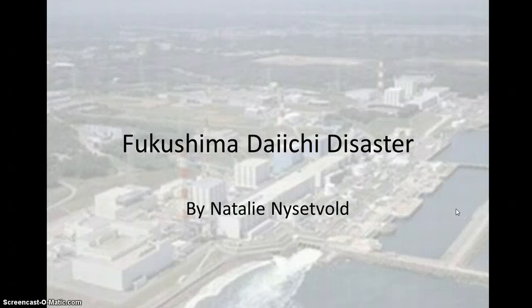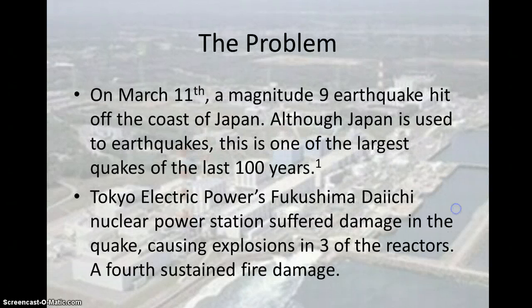So, for example, today's lesson is about the Fukushima Daiichi disaster. On March 11th, a magnitude 9 earthquake hit Japan. Japan is an area of historic great seismic activity, but this is still one of the biggest quakes they've had in recent history, and it caused colossal damage.